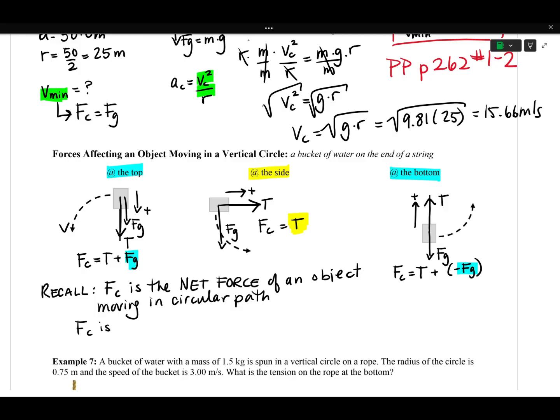Fc, the centripetal force, is determined by the object's mass, speed, and radius.